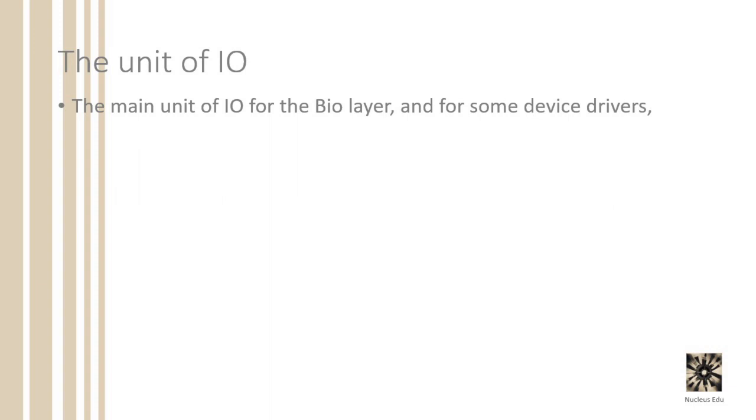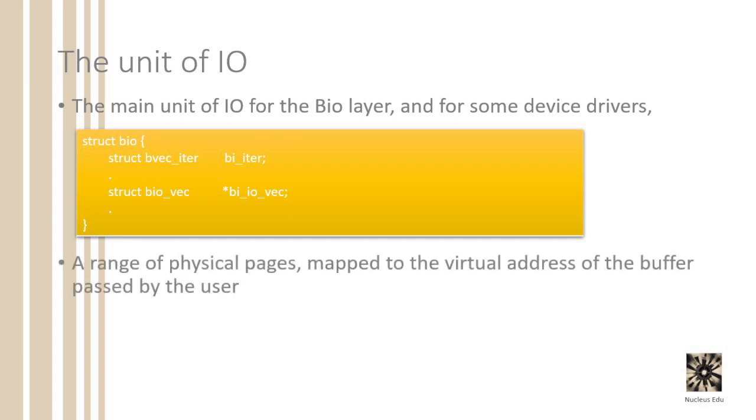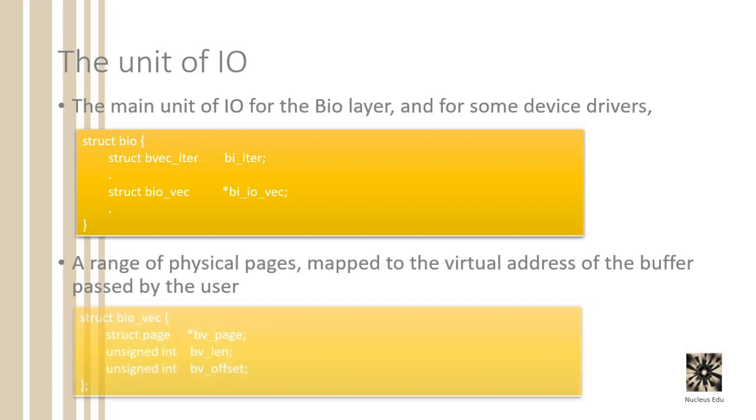Right, so in the bio layer, the unit representing an IO in this layer is struct bio. Among the members of the structure, the most important one is the list of bio_vecs. Each bio vec holds a range of physical address pages. These are the pages which are mapped to the virtual address of the buffer passed by the user. The list hence makes it a sort of scatter gather list, right?